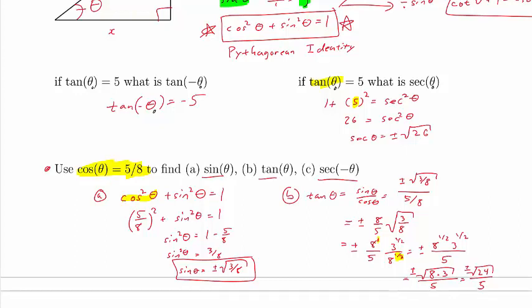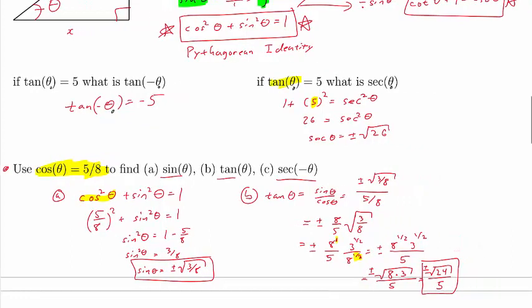All right, so I think that is the simplest expression, and so we'll call it right there. All right, so now we have secant theta, or secant negative theta, should I say. And what is secant theta but 1 over cosine theta?